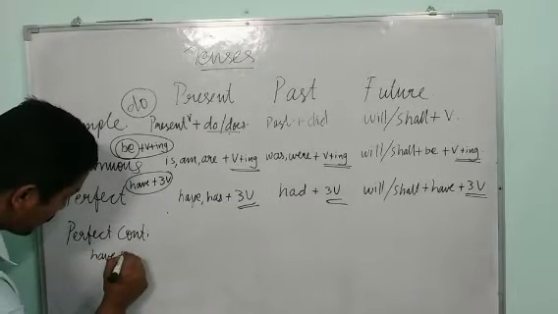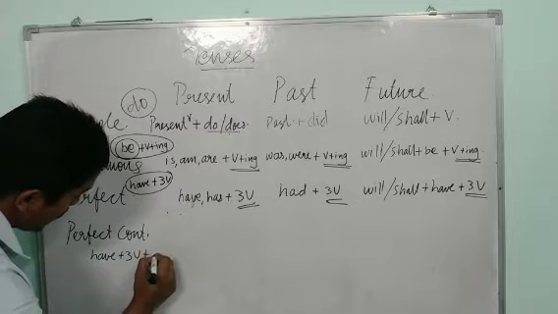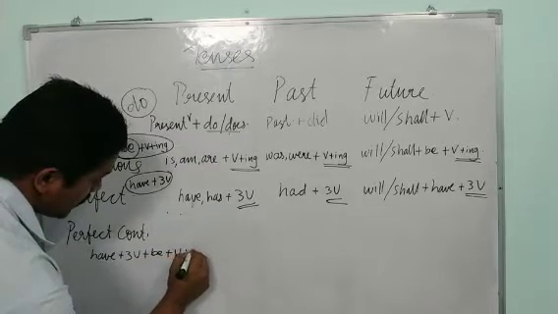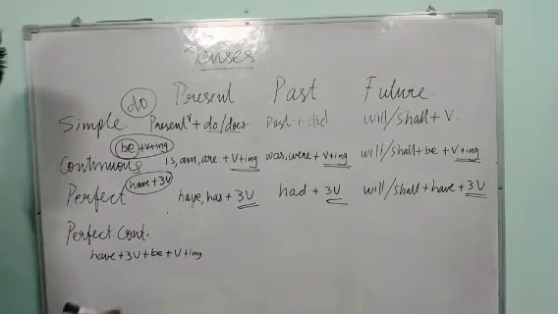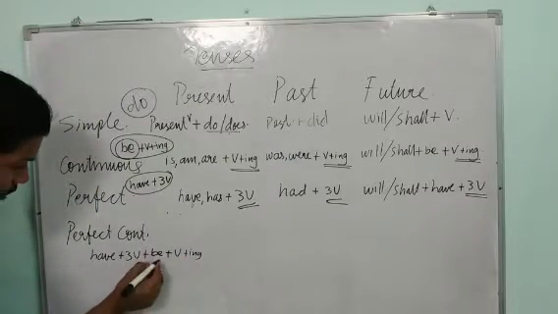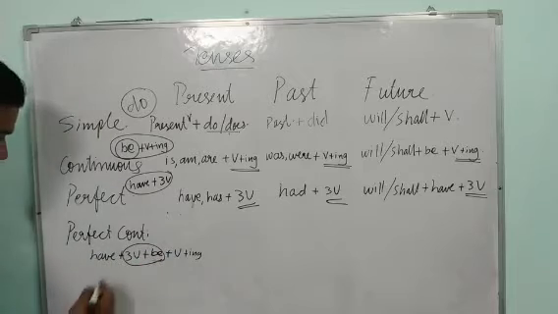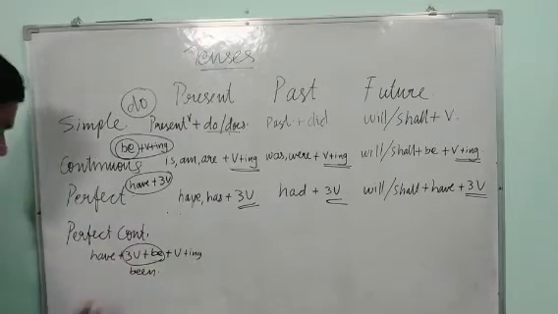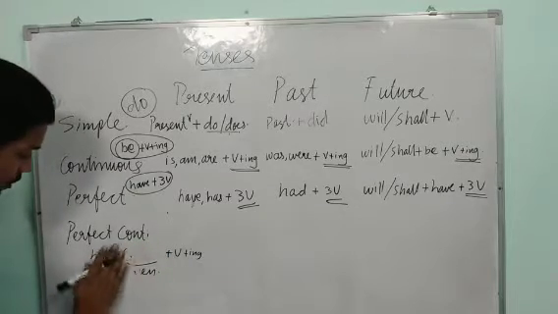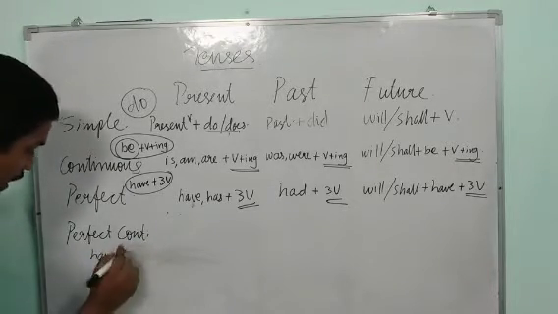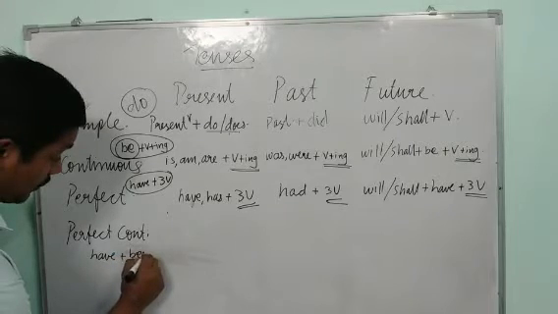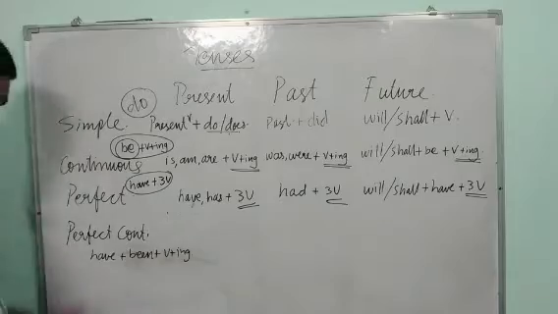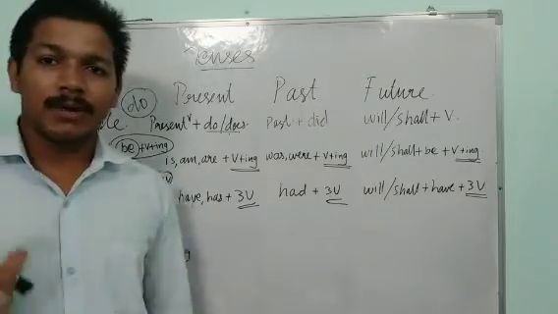Have form verb will be there, third form of the verb will be there, and the be form verb will be there, then verb plus ing. So to make it together, these two are combined and made into been. So instead of writing this, we can say have plus been plus verb plus ing is the structure of a perfect continuous tense. Everywhere we can find this.